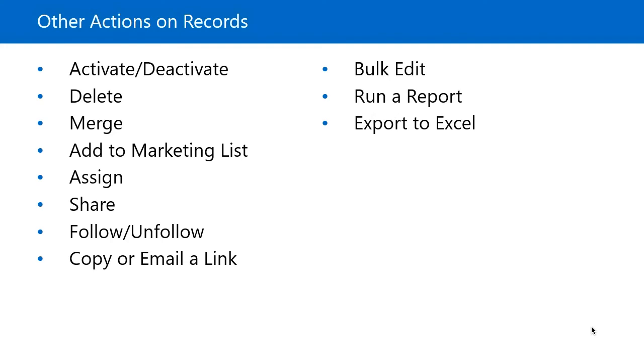Another option is the ability to export to Excel. From a record view, users can, depending on the security roles, export data into static Excel worksheets, dynamic worksheets, or even dynamic pivot tables. And they also have the ability to import data.